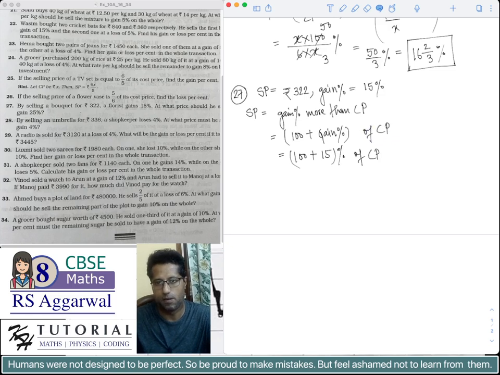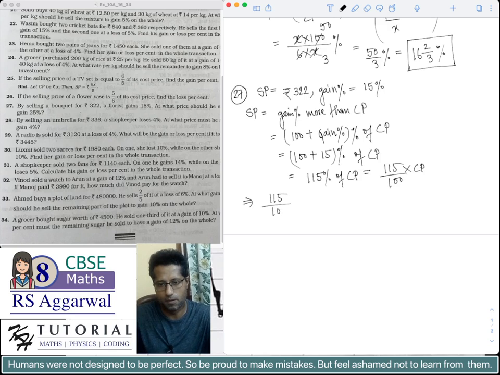So 100 plus gain percent, this much percent of CP. So this becomes 115% of CP, which is equal to 115 by 100 multiplied by CP. This implies the selling price is given to be 322. So we have 115 divided by 100 multiplied by CP is equal to 322.